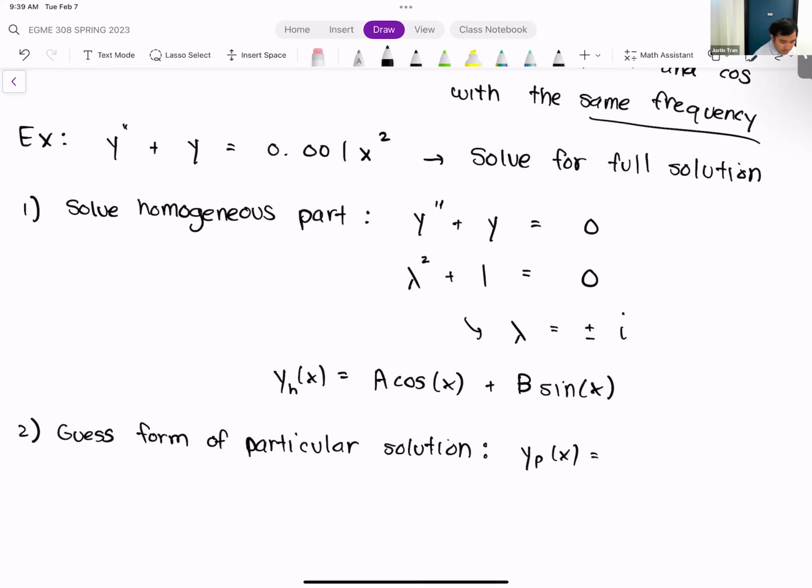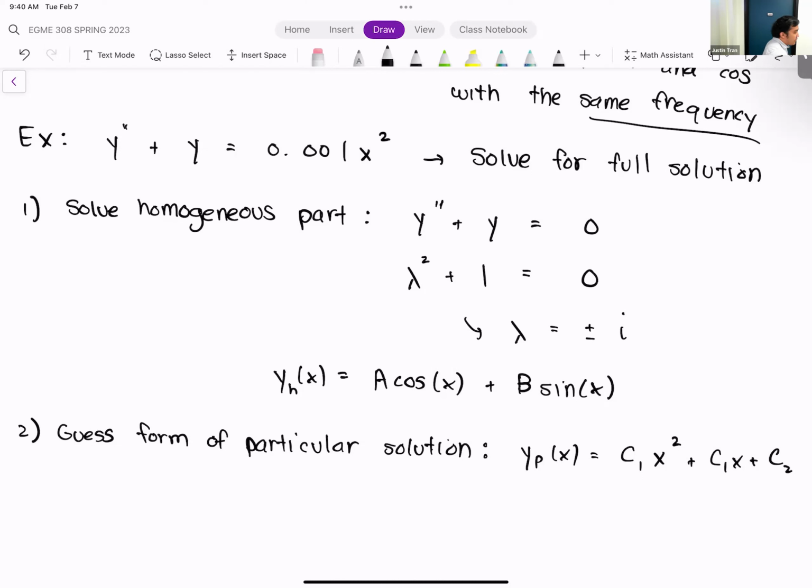We have y_p of x. Let me use a different notation here. We'll call this C1 x squared. We have to include x squared because our forcing function is x squared. But since it's a polynomial, we also have to include all the lower order terms, so plus C2 x plus C3.